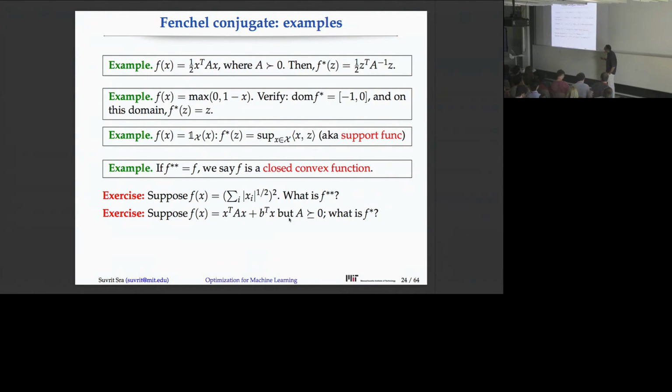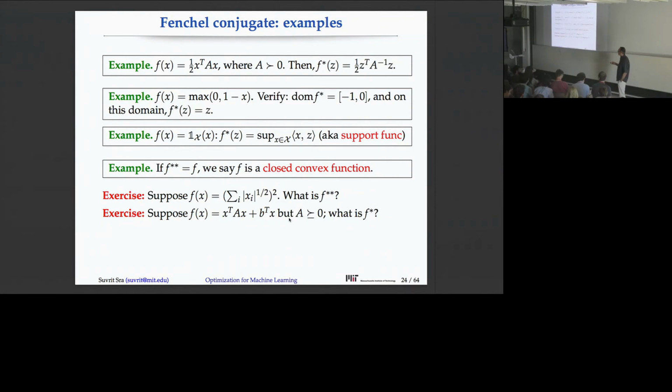But try to apply this biconjugation operation to a function that is not convex. Remember, I just said that when creating a Fenchel conjugate, f does not need to be convex. You can create a Fenchel conjugate for any function. The Fenchel conjugate itself will be convex because it's just a pointwise supremum over convex functions.